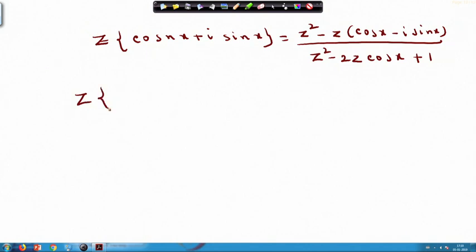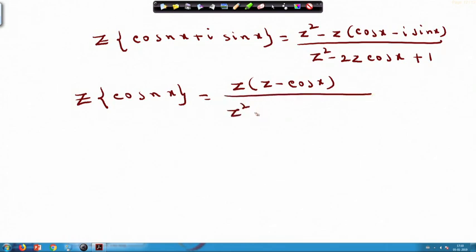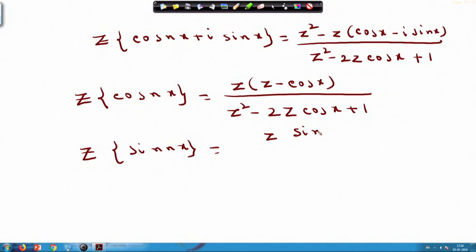If I equate the real and imaginary parts, the z transform of cos n x will be z into z minus cos x divided by the denominator, which remains the same, z square minus twice z cos x plus 1, and the z transform of sin n x will be z into sin x divided by z square minus twice z cos x plus 1.